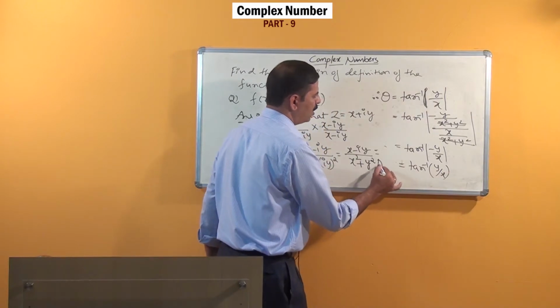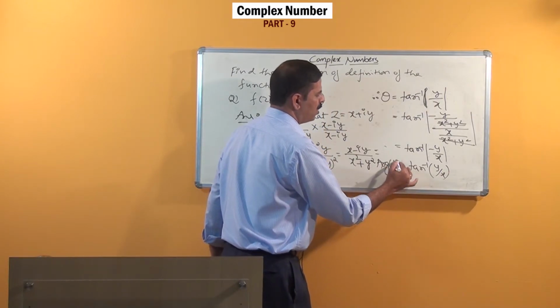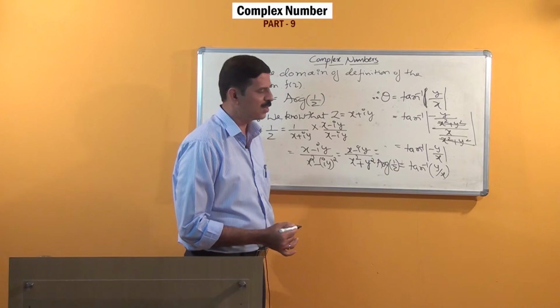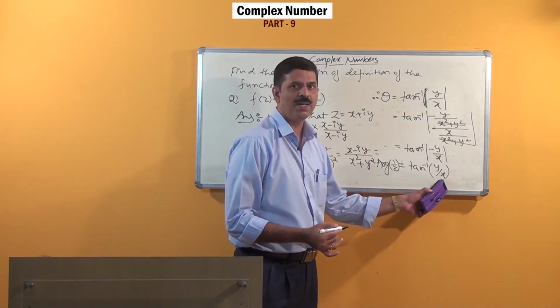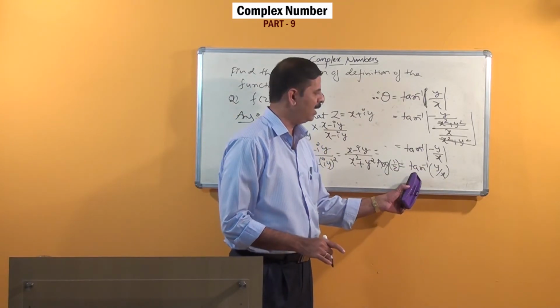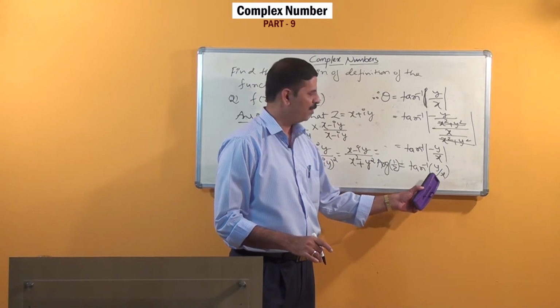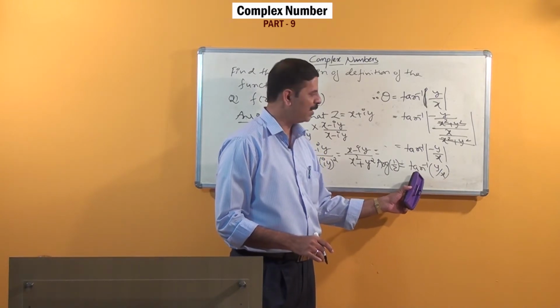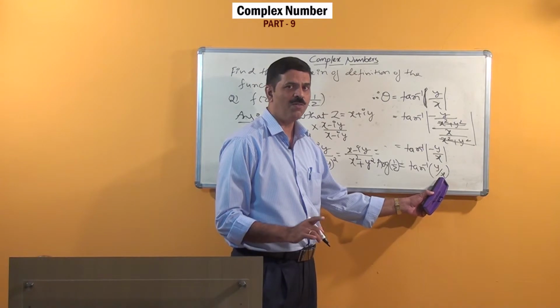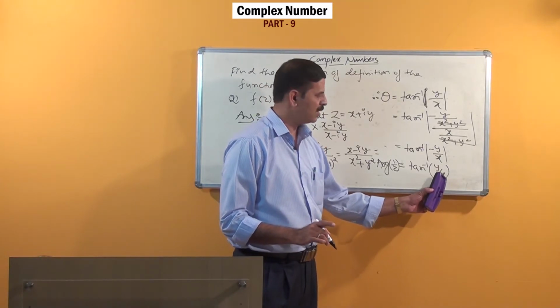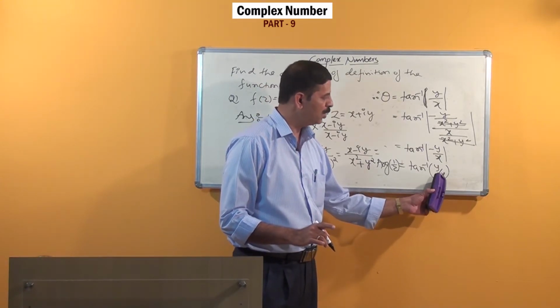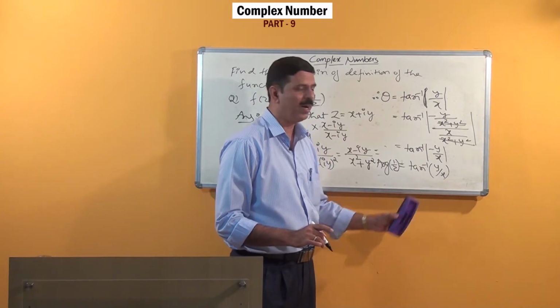So, on simplification you have got argument of 1 by z is how much? Tan inverse of 1 by x. Now, decide the domain of the function, where the function is defined: set of all values of x where this is not equal to 0. Even though this is equal to 0 you can define it here.